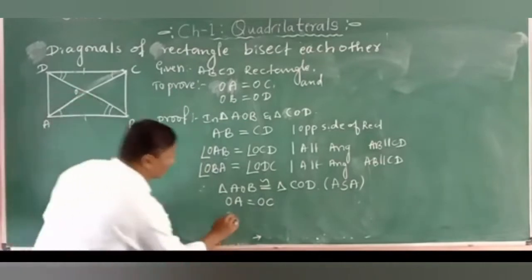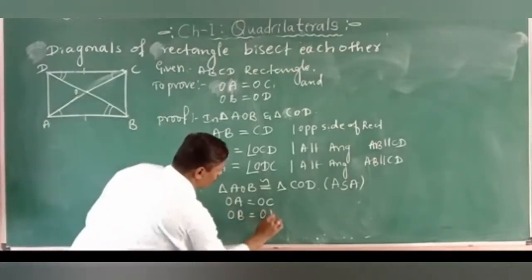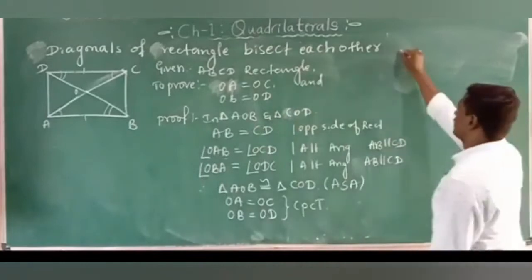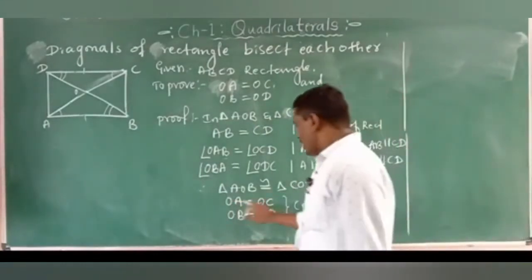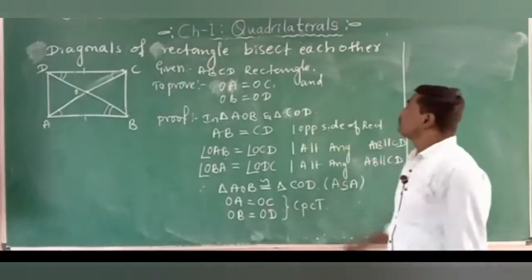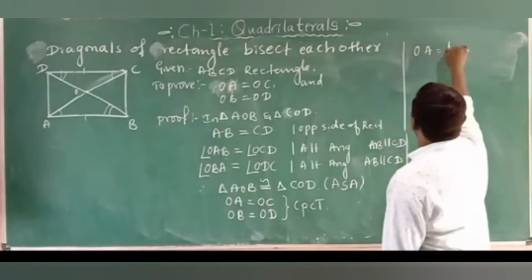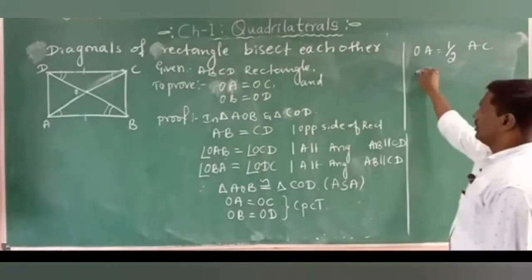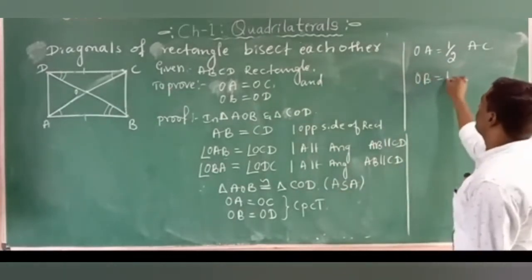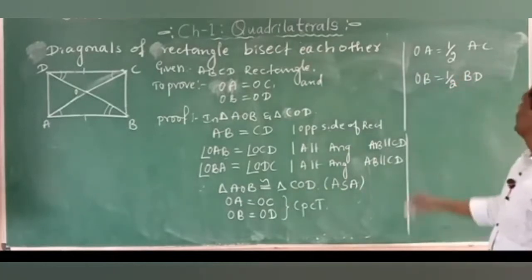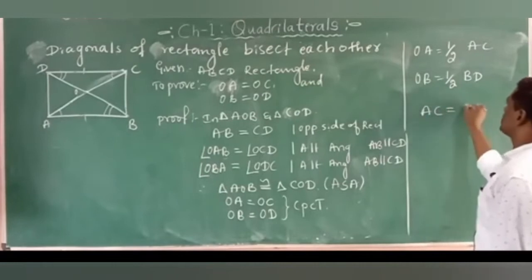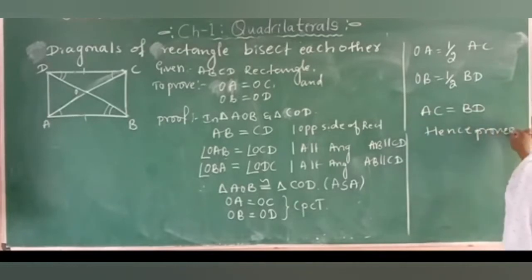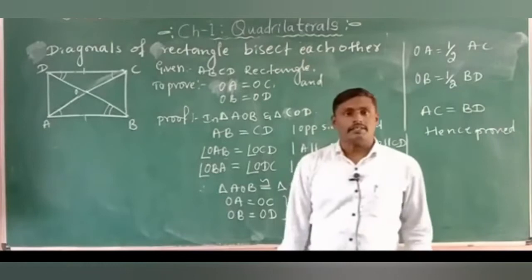Next, OB is equal to OD by CPCT, corresponding parts of the congruent triangles. Here OA is half of the diagonal AC, whereas OB is half of the diagonal BD. Hence we proved that the diagonals of the rectangle bisect each other.